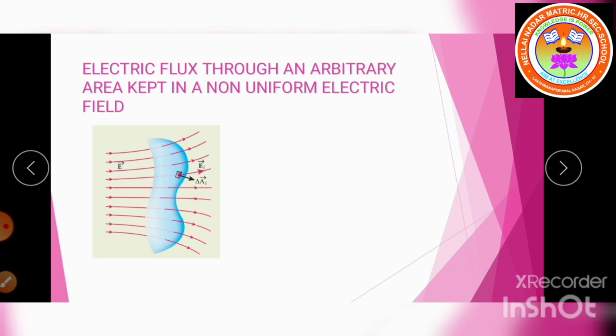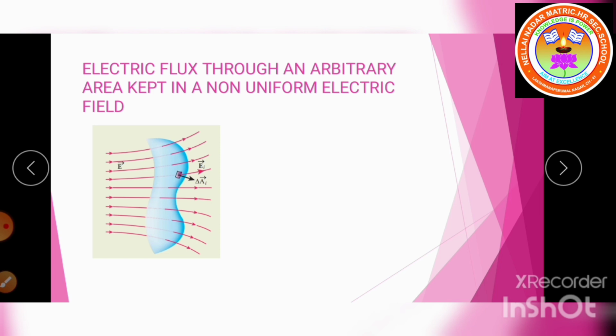Next, we come to the topic: electric flux through an arbitrary area kept in a non-uniform electric field. Listen, children, here I am going to consider one arbitrary area that is not a flat surface. It is placed in a non-uniform electric field, which does not have the same direction or a constant electric field. So here we want to calculate the electric flux.